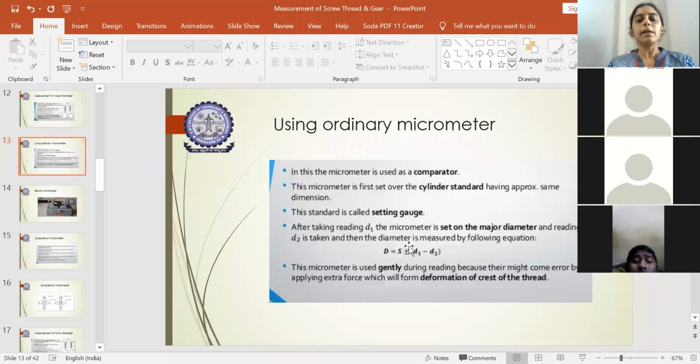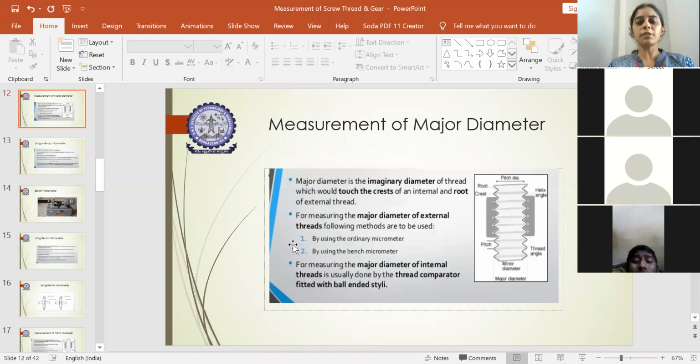You will know the basic standard size, so depending upon the standard size of the cylinder you are using, you write the standard dimension plus D1 that you got for the major diameter, and D2 that you got from the helical groove you have to measure. Taking the difference will provide you the value of D. This is the way an ordinary micrometer is used to determine the major diameter.